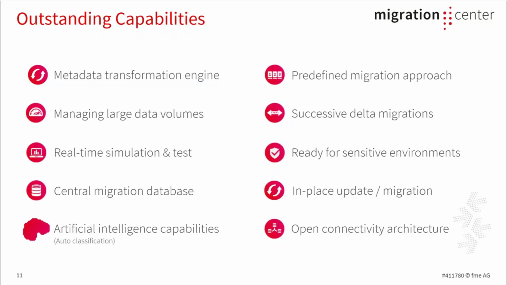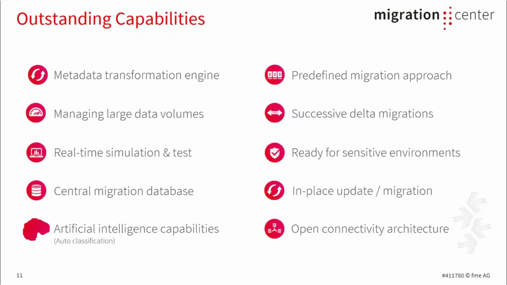Then we also have a capability called in-place upgrade or update migration. That means you can update your system without moving the documents from one system to another. For example, you have a document type within your Documentum system, and you would like to modify the metadata and change the object type for a certain set of documents.